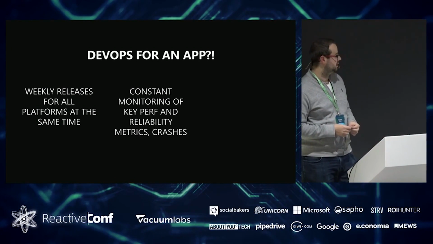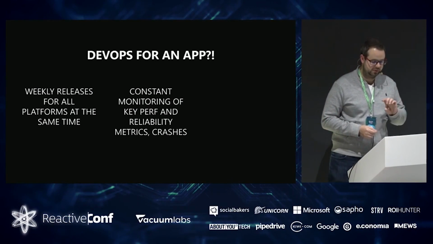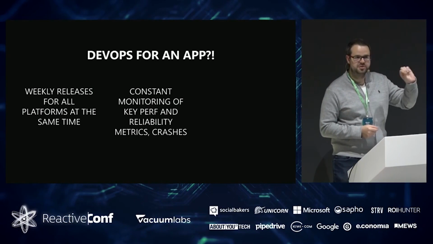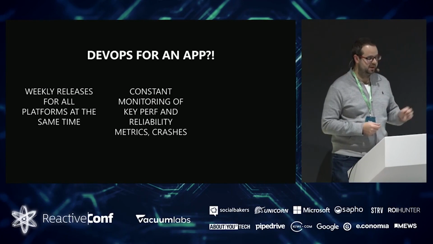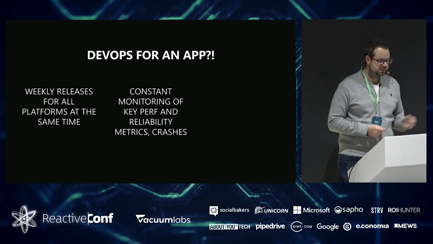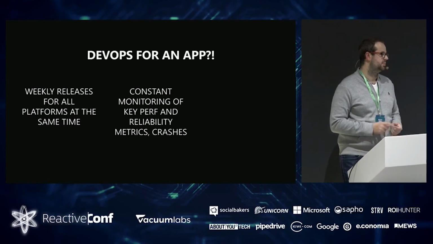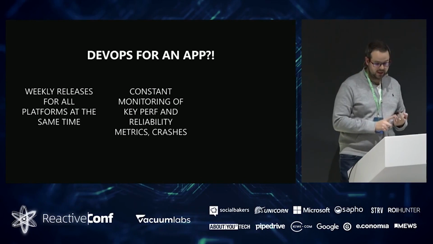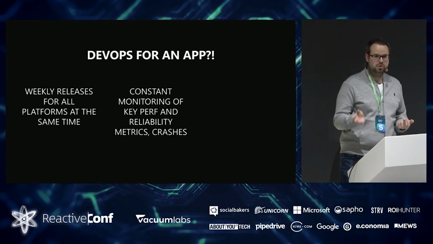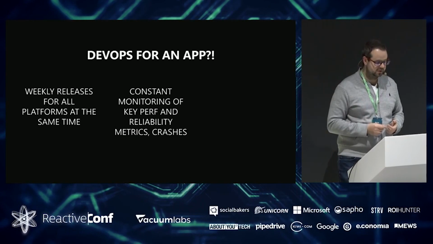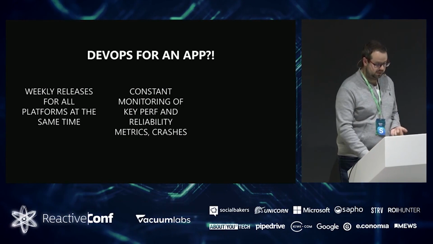So for that, we need to be very careful, right? We release 1%, 5% of global audience at a time. And then we look at the metrics constantly as performance, reliability, and crashes. And if something goes wrong, we just stop the rollout, fix it, and continue, or we just continue by default.